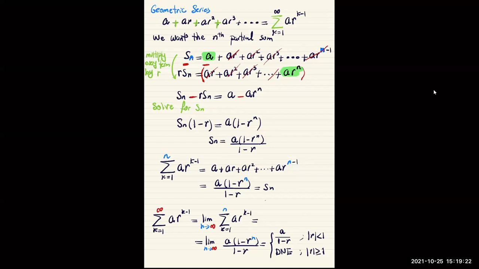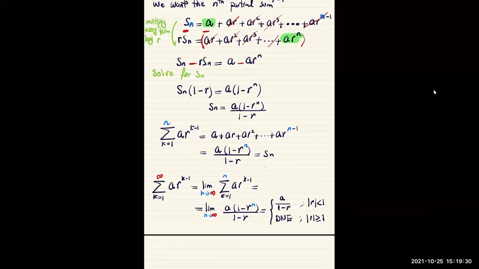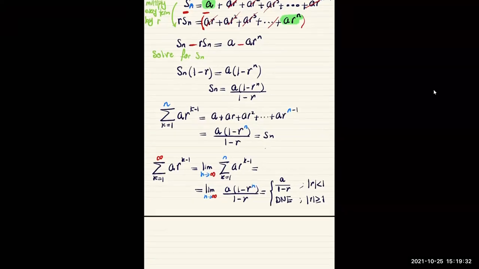Okay, so a times 1 minus r to the n, where n is how many terms you add, over 1 minus r. And then we wanted to know when this thing has a limit. So if you're finding the value of the actual series where k goes from 1 to infinity, you take the limit of the partial sum.